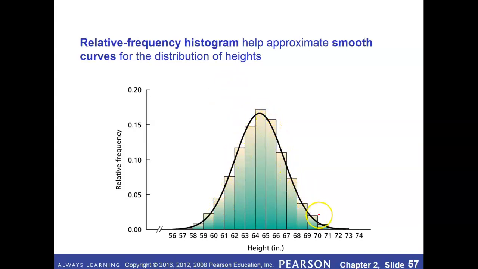And so then we get kind of a shape that shows the distribution. So this is really high distributed in the middle. And so there's a lot of people 63, 64, 65 inches high. Not so many people 57, 58 inches. Not so many people 70, 71, 72 inches. So we're really talking about that shape.